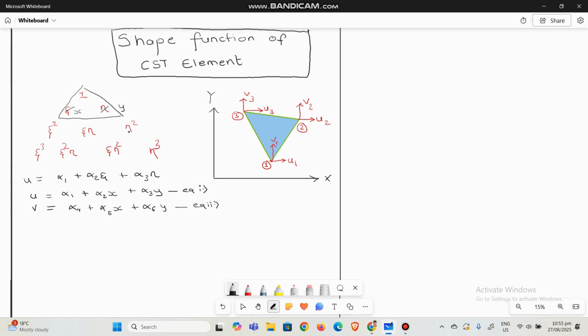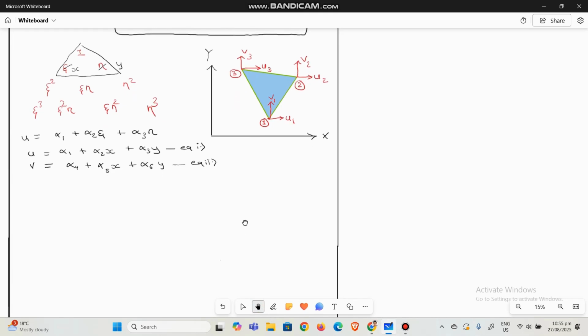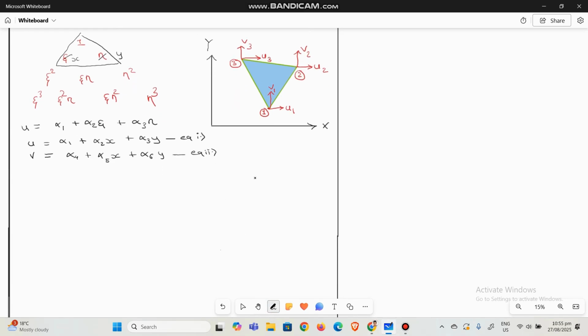Representing in matrix form, u and v, we simply put here alpha 1, alpha 2, alpha 3, alpha 4, alpha 5, and alpha 6, and here we have 1, x, and y.